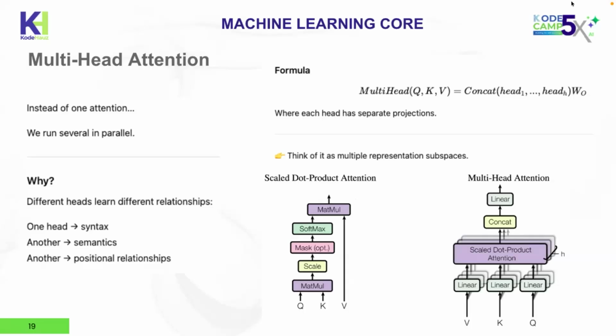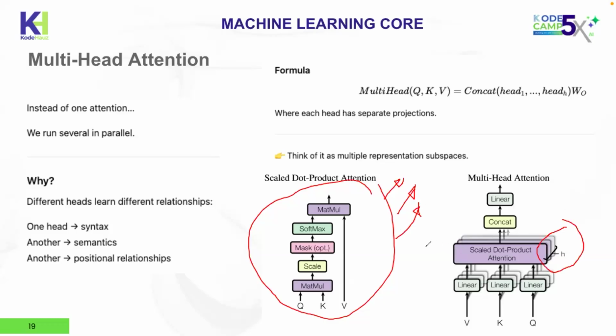So in order to implement those many other ways, we now use what we call multi-head attention, where we take this single attention that we have done here, and we replicate it. We make multiple copies of it. These multiple copies are what you see here, because this single block represents this entire scaled dot product attention.